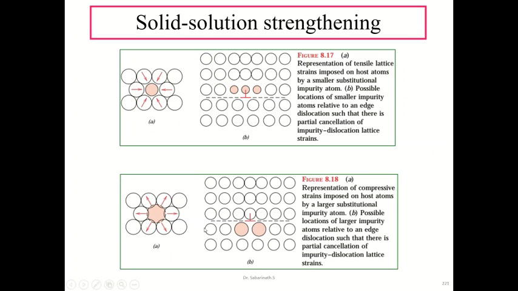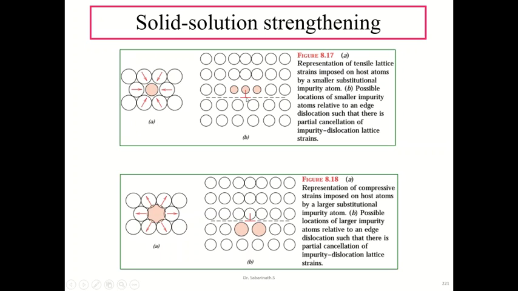Here we can see a representation of a tensile strain and a compressive strain. Here we can see the tensile lattice strains imposed on host atoms by a smaller substitutional impurity atom. These tensile lattice strains determine the possible locations of smaller impurities.